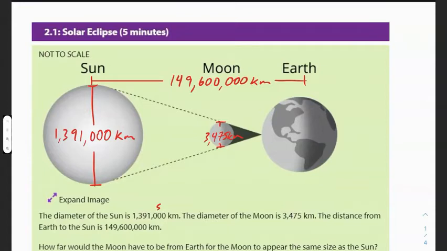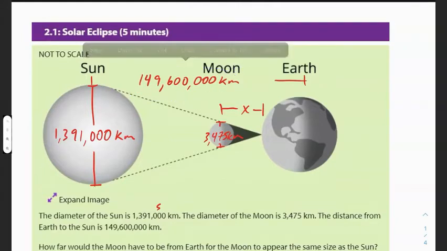Now, they're asking us how far away the moon needs to be to where the moon looks like it's the same size as the sun itself. So that's their question. Now, how do we do that?